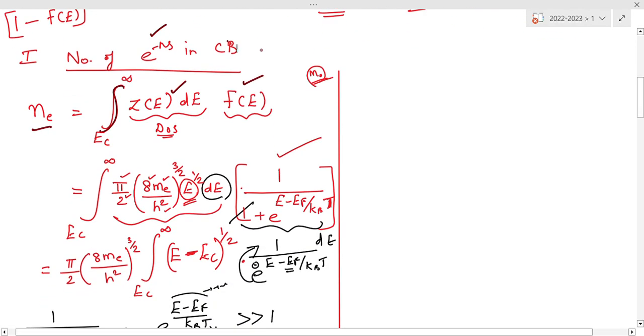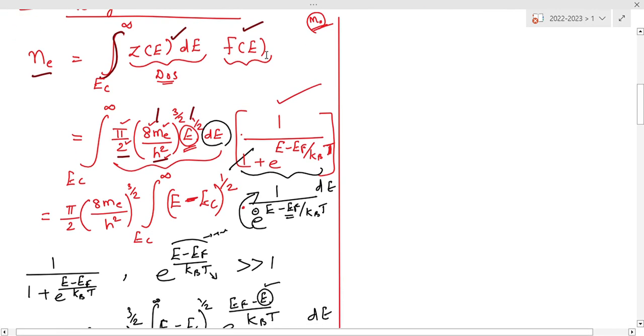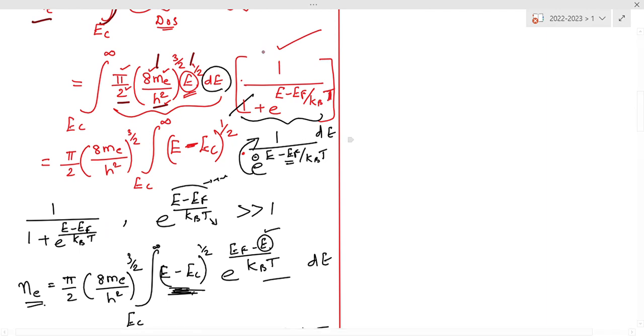The general formula for density of states is pi by 2 (8m by h square) the whole power 3 by 2 E power half dE. Here two corrections we have made based on the semiconductor phenomenon: m is replaced by me, and E power half is replaced by (E minus EC) power half. And then in this Fermi distribution function, this 1 can be neglected because the exponential value is very much greater than 1.